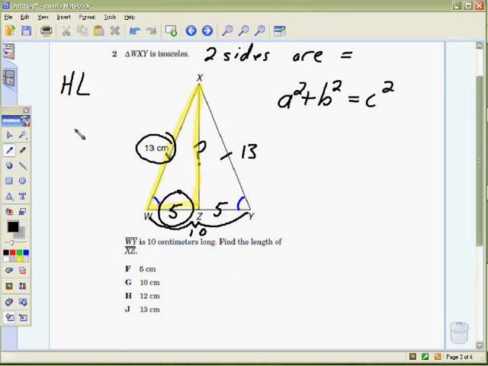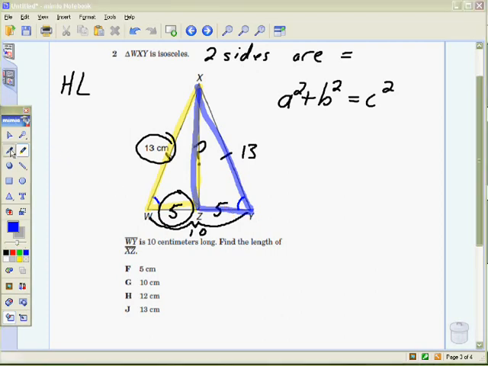For example, I know that these two triangles, this yellow highlighted one and the blue highlighted one, are two right triangles and their hypotenuses are the same. This one's 13 and this one's 13.